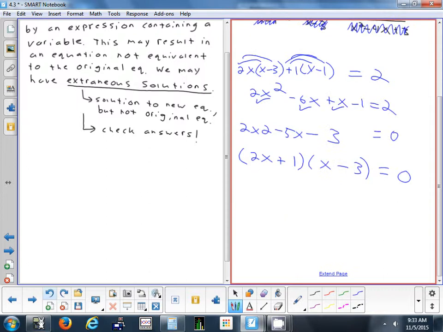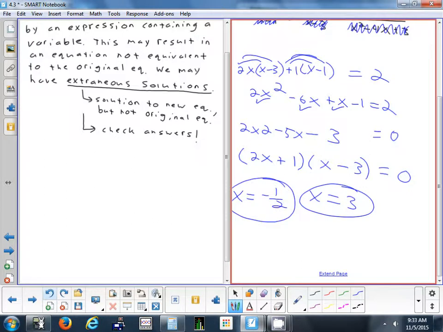So now we're going to get two solutions. What's the solution for the second factor? Positive 3. You can put plus 3 or just 3. And the second one? Negative a half. 2 times negative a half is negative 1. Plus 1 is 0.